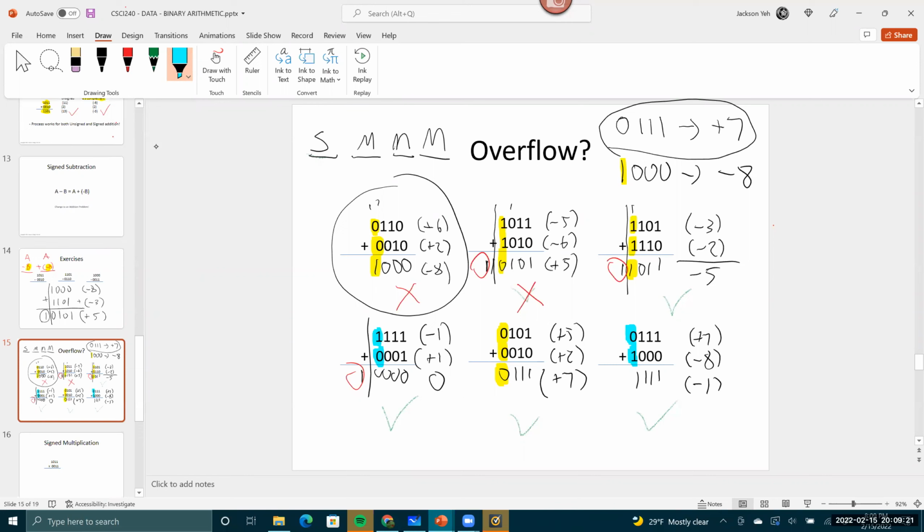When you add a positive to a negative, the resulting number is always going to be smaller, so you never have overflow. Overflow is only possible when we add two positive numbers or two negative numbers, where the magnitude gets larger. Any questions on overflow detection?